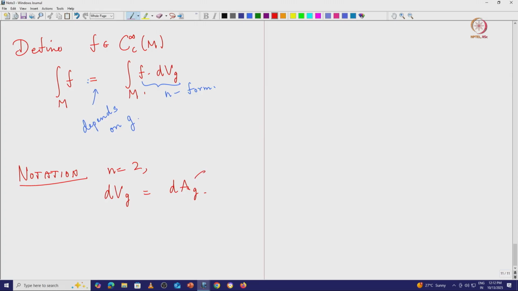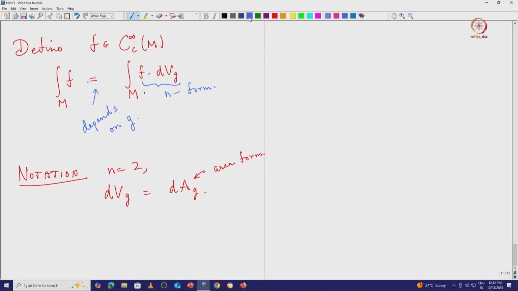We think of this as an area form, because for 2-dimensional things we typically reserve the word volume for 3 and higher dimensions. In 2 dimensions we refer to it as the area, and hence this form is called the area form instead of the volume form.